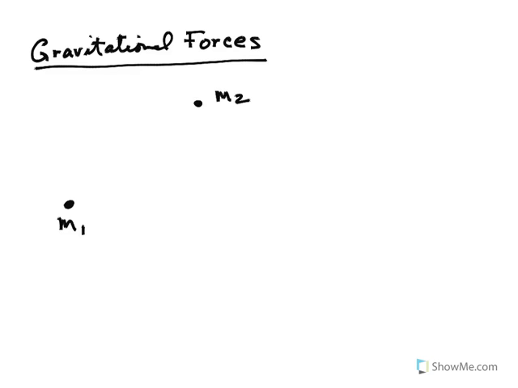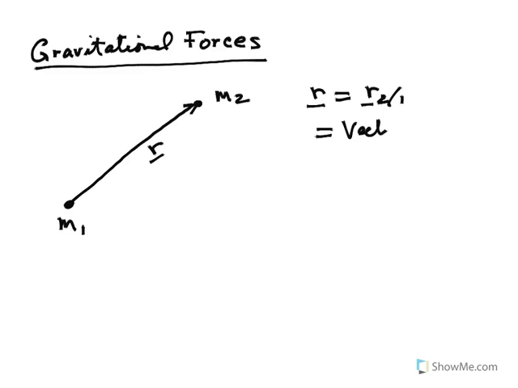I'm going to define the vector from m1 to m2 to be r. So r is the position of 2 relative to 1, which is the vector from m1 to m2. Now, the force of gravitation between these two objects is defined as F sub g.